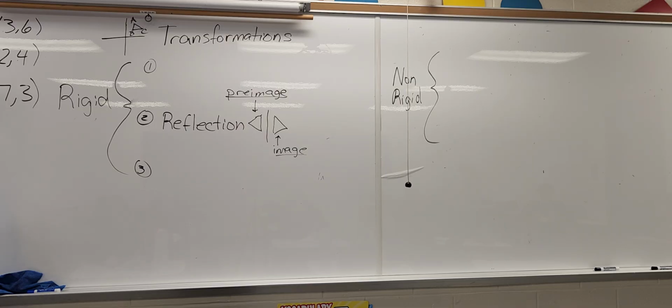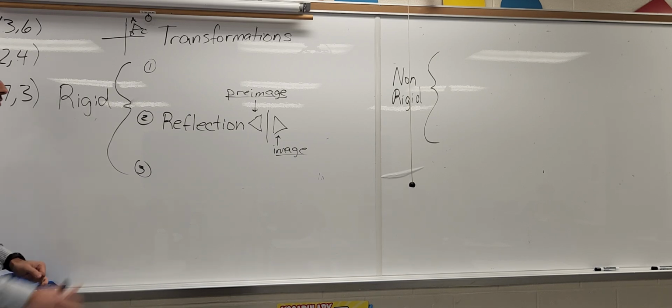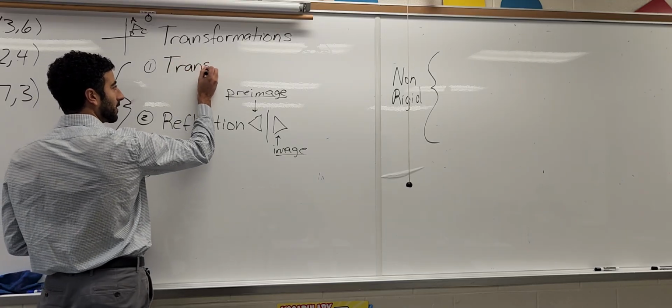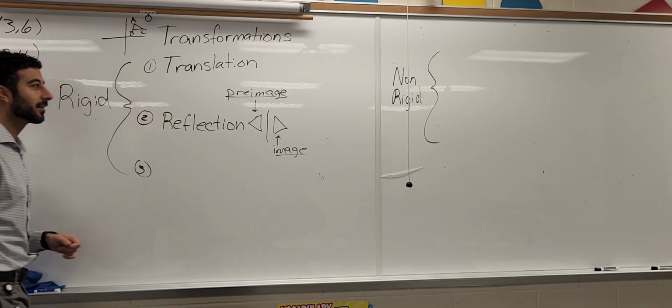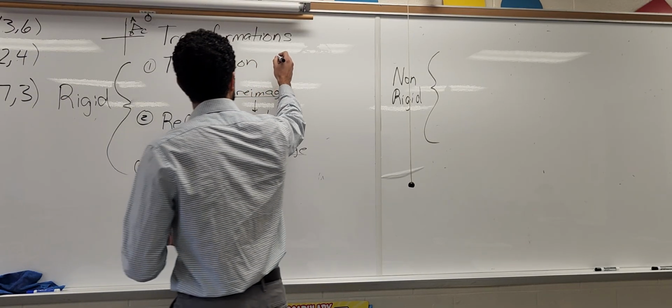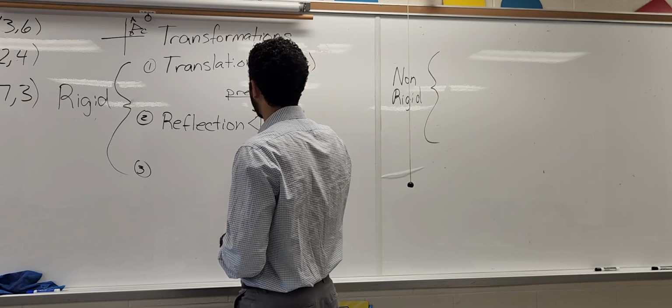What's another type of transformation? Caleb again. Translation? Translation. That's the topic of the day. Yes, translation, also known as, I'll put in parentheses here, slide, because it's literally just sliding it around.